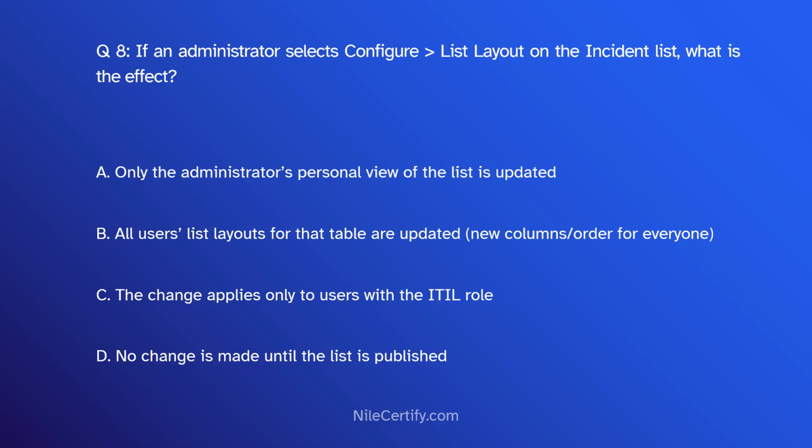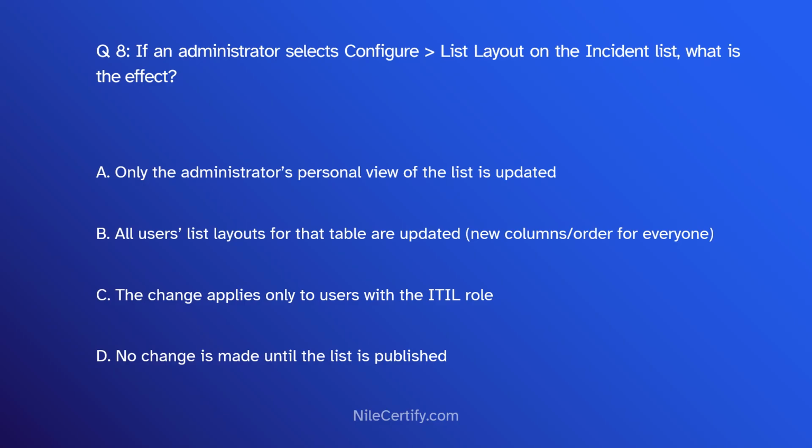After they save, that layout becomes the default list layout for that table and that view. Other users who open that same list see the updated columns and order, as long as they are using that view. So B correctly describes a global change to the list layout, and we will consider it correct and keep considering the other options.